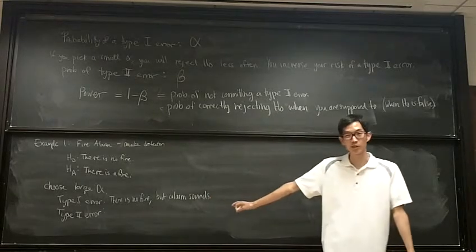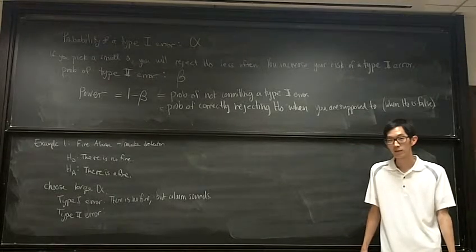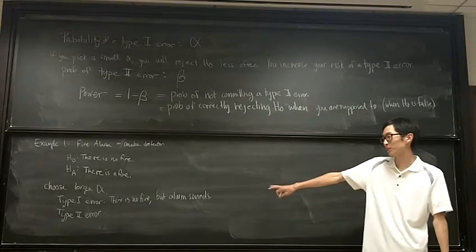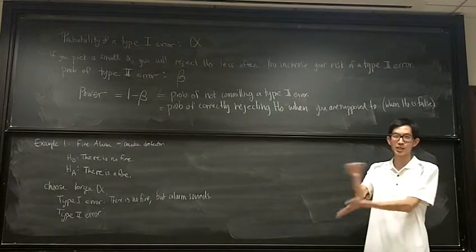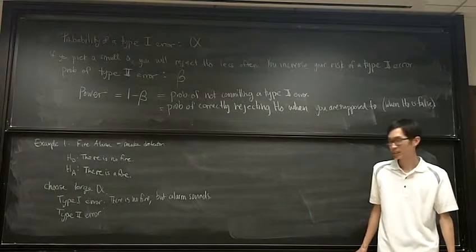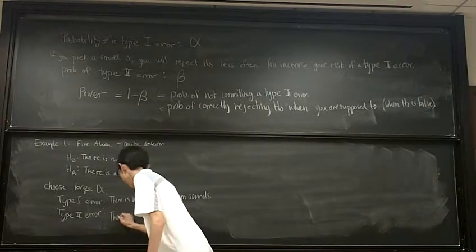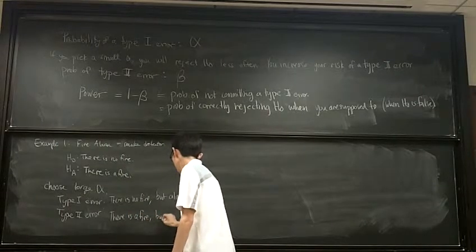Okay, type 2 error. What's a type 2 error in this situation? Just read type 1, and type 2 is going to be the converse. Type 2 is there is a fire, but no alarm.